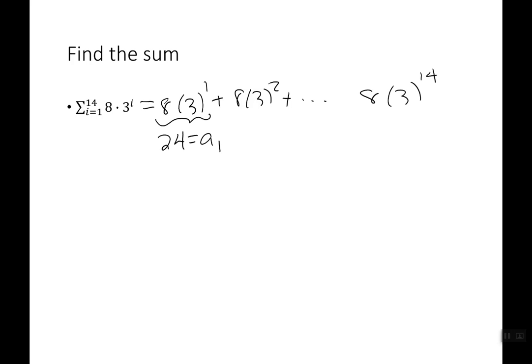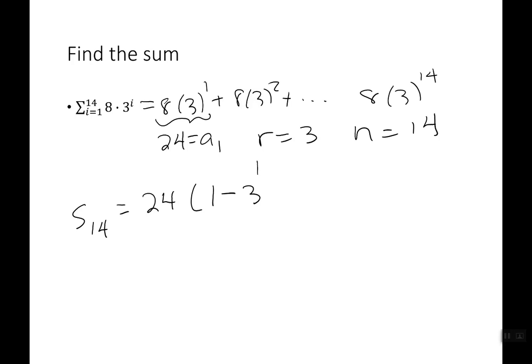Okay. How is it increasing? It's increasing by 3, so that's my ratio. And how many terms do I have? I have 14. My sum, S of 14, is going to be equal to the first term, 24, times 1 minus my ratio to the 14th power, over 1 minus r at the bottom. Put that in parentheses.